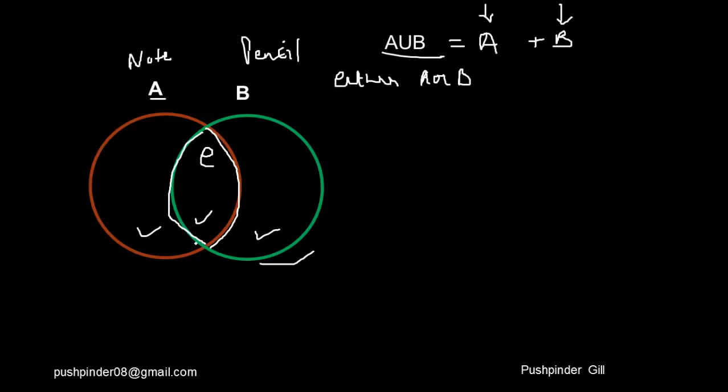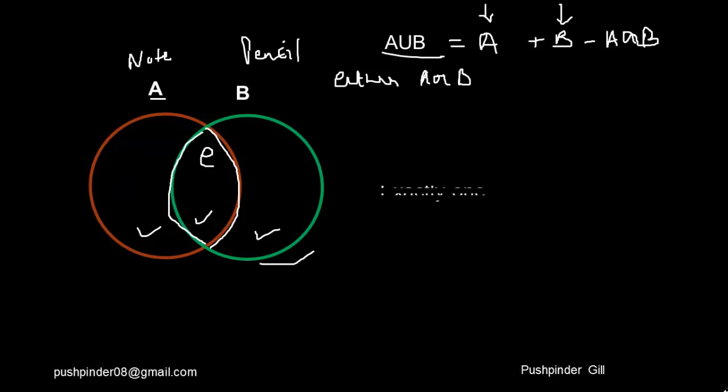That means E has been added twice, which means I would have to remove it once. If I remove it once, then I'll get the exact value of A union B. So that means A union B is equal to A plus B minus A intersection B, right? So I hope everyone is understanding. This is pretty basic stuff, right?